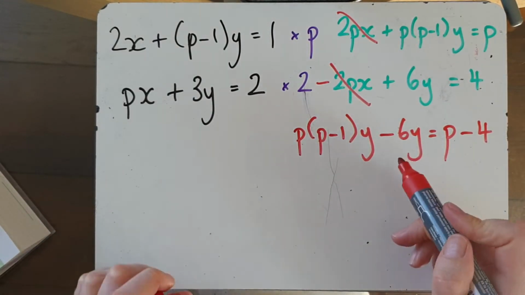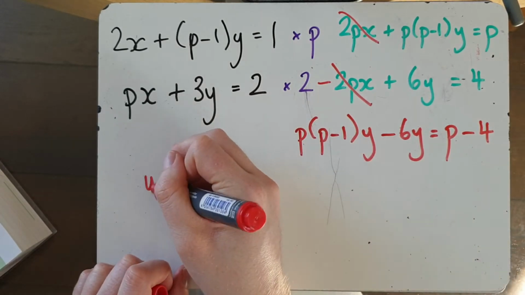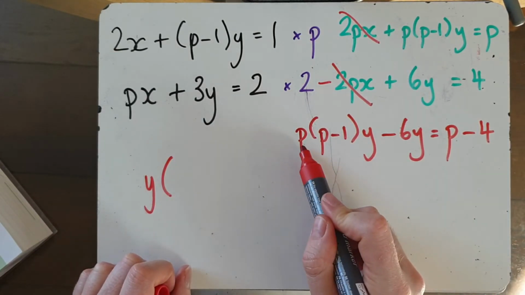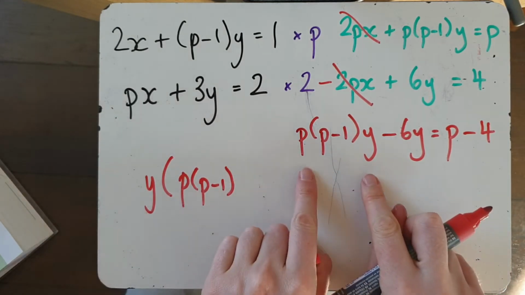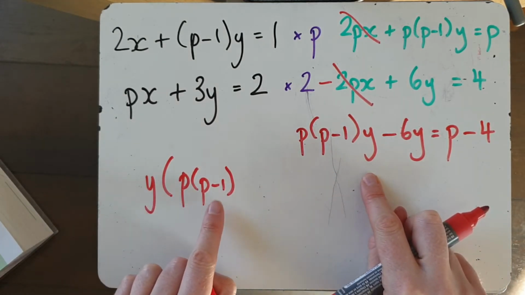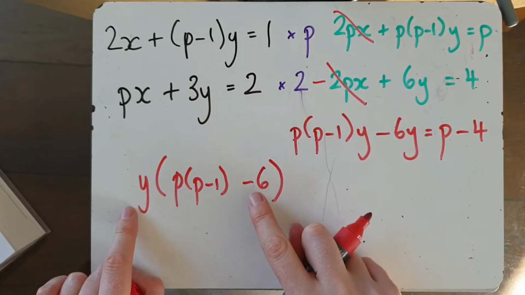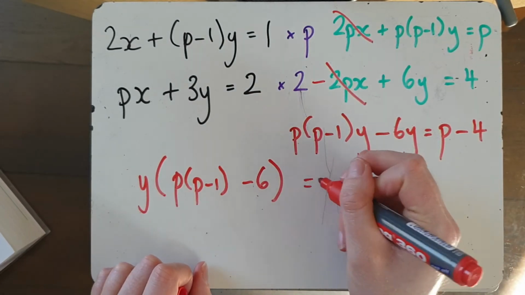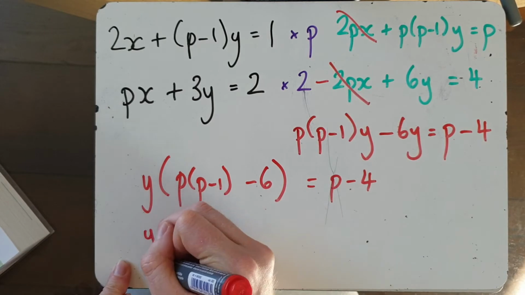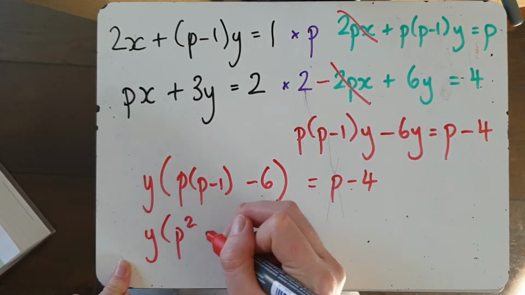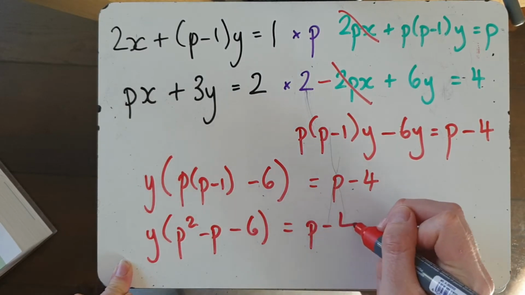If I then factorise y out of this, I'm going to have y into (p minus 1), so that's the first term, y times (p minus 1), and then minus 6. So that's minus 6y there, equals p minus 4. Multiplying this out, I get y into (p squared minus p minus 6) equals p minus 4.